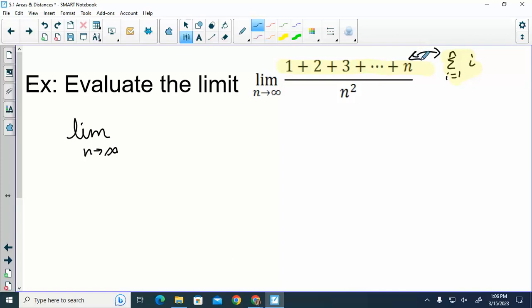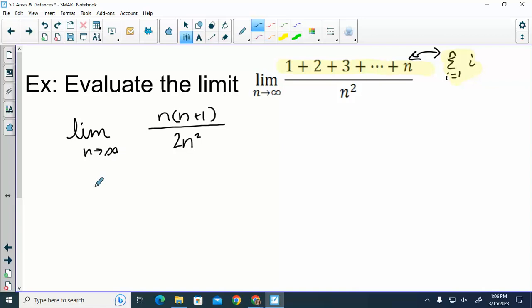What is that? Can I just put the 2 on the bottom with this n squared? Is that okay? Bear with me so far.